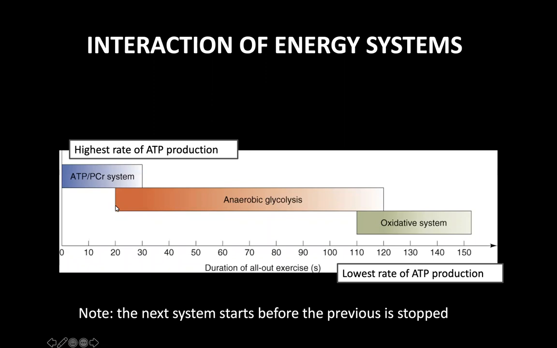Efforts between 20 and 30 seconds, all the way up to 2 minutes, come from anaerobic glycolysis. And again, we're saying we're not utilizing oxygen to create the ATP. And then finally, when we're looking at efforts from roughly the 2-minute mark all the way up to 24 hours in the day, we're talking about the oxidative phosphorylation system, or the aerobic pathway, to create this energy.